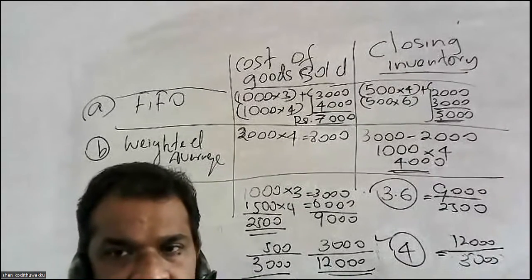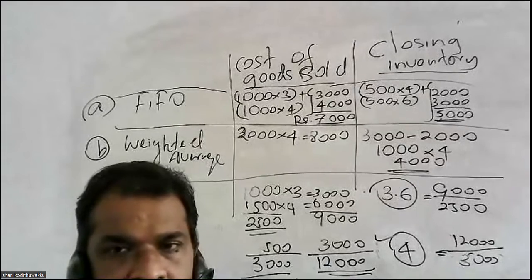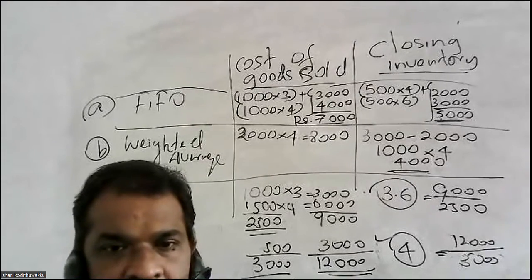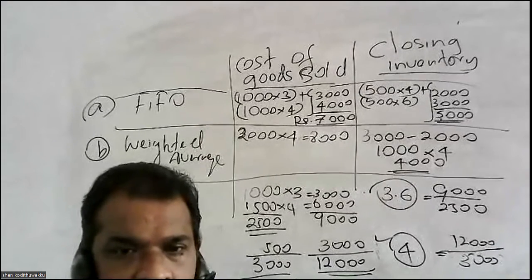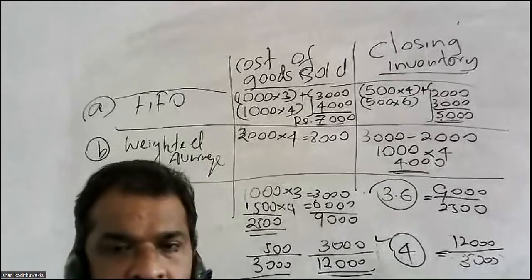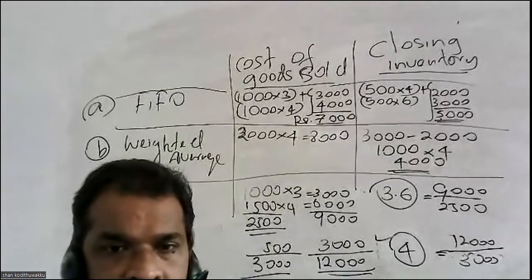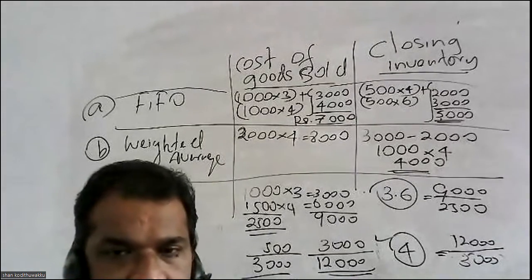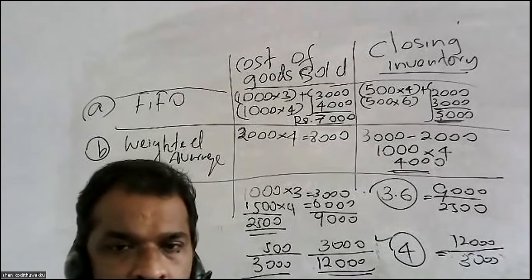Under FIFO, the closing inventory is what we purchased recently, which will be available in the warehouse. So we issue what we purchased earlier, from the oldest stock.